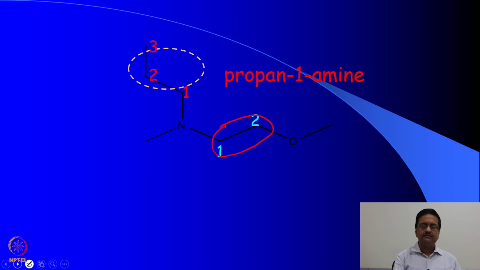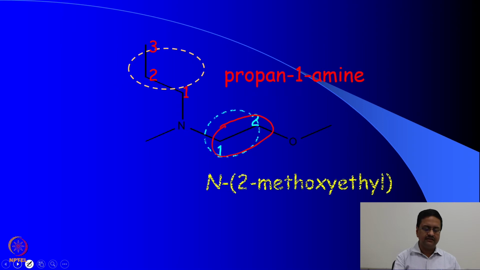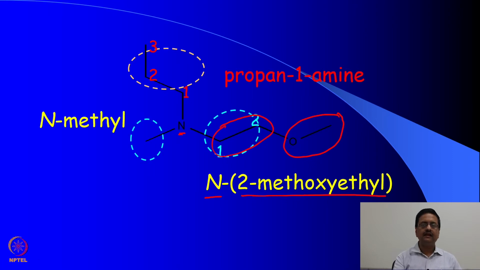What we have is 1,2, that is ethane. So, what we should write is that the nitrogen is attached to a 2-methoxy ethyl. This is the methoxy group connected to 2 position. So, it is 2-methoxy ethyl that is connected to nitrogen, and then we have N-methyl substitution on the left.